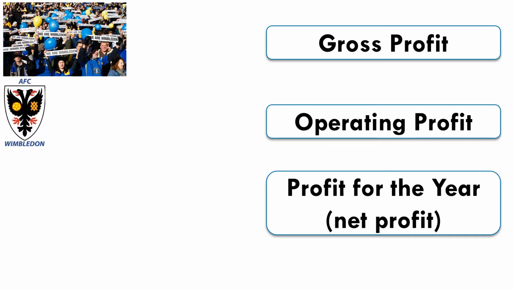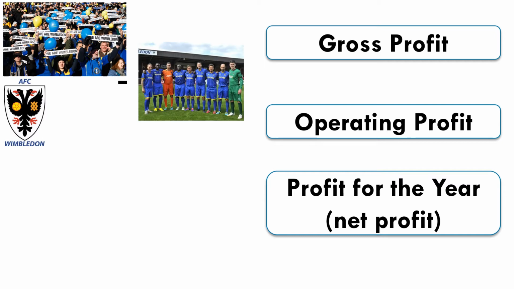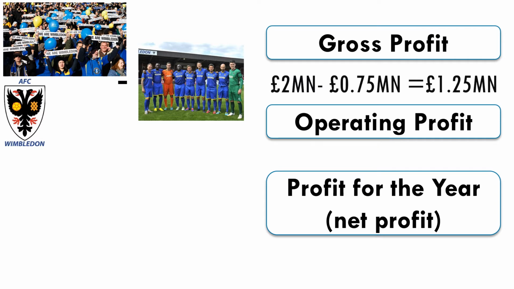And in this scenario, for a football club, the direct costs would involve the players' wages. So let's imagine that the revenue for the football club is £2 million, and the direct costs, the costs involved in providing the core activity of the business are £750,000. That will give us a gross profit of 1.25 million. So the profit the business makes from running the core activity.